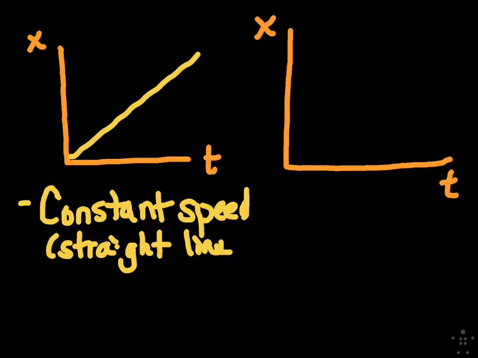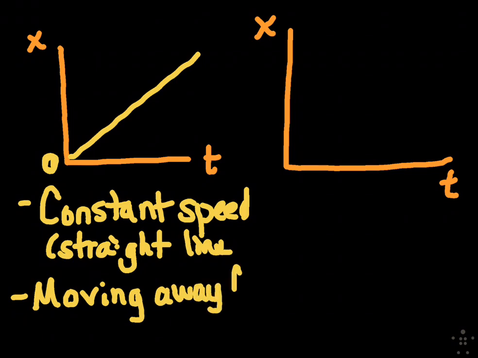And we also know that this object is moving away from 0 because we always know that this right here is 0. So that object is moving away from 0. Another way to say that, go ahead and write that down: moving away from 0.